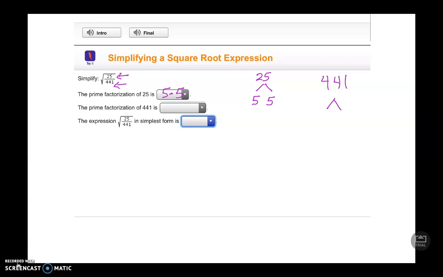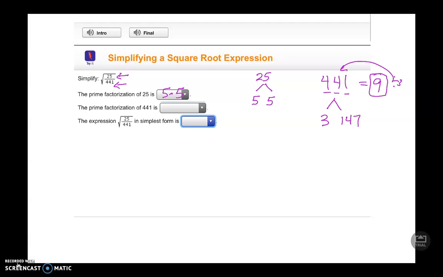One little trick that I like is if the digits of a number add up to a number that is divisible by 3, then the original number is divisible by 3. So 4 plus 4 plus 1 equals 9, which is divisible by 3, so 441 is divisible by 3. Then I can use my calculator, and I know that 441 divided by 3 is 147.